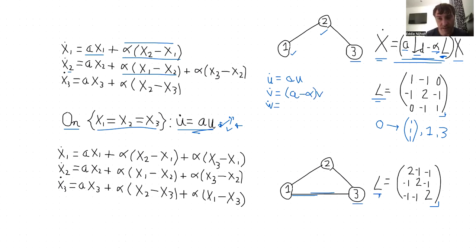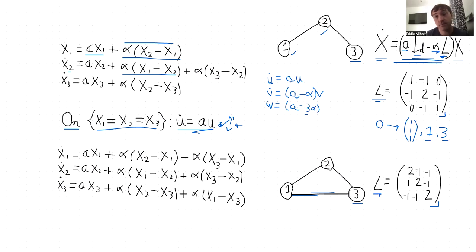And here we get a minus 3 alpha times w. And this 1 over here and this 3 over here, those are just the eigenvalues 1 and 3 that we have here. So correspondingly, this a is just going to be a minus 0 times alpha.